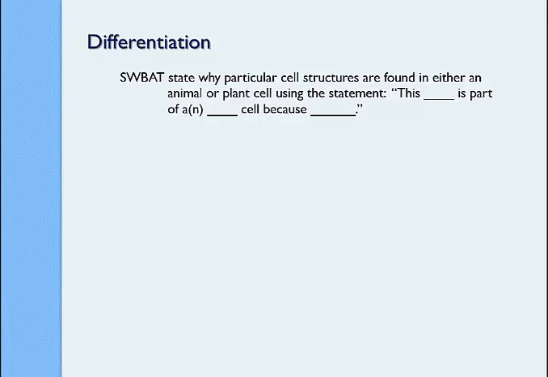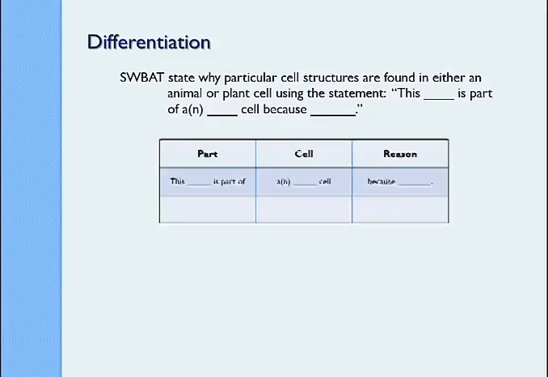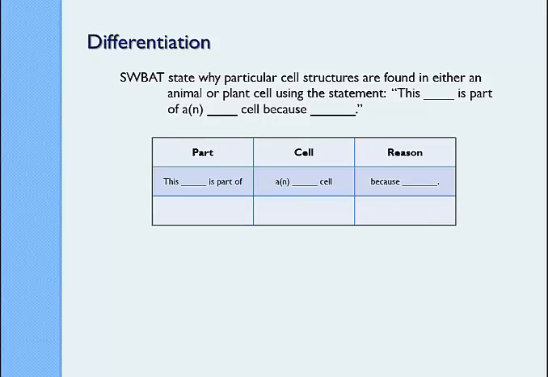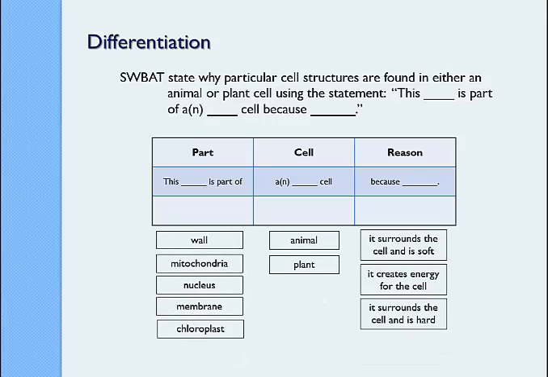So if this was my language objective, and I had students who were having difficulty with language and could not use this sentence frame as it is, they couldn't just come up with the words to fill in the blank, I could break the sentence into a chart and give the students some cues by putting the words part, cell, and reason on the top, and then I could provide the vocabulary that could possibly fit in those blanks. And by lining things up, then the students know which words would go into which blank.